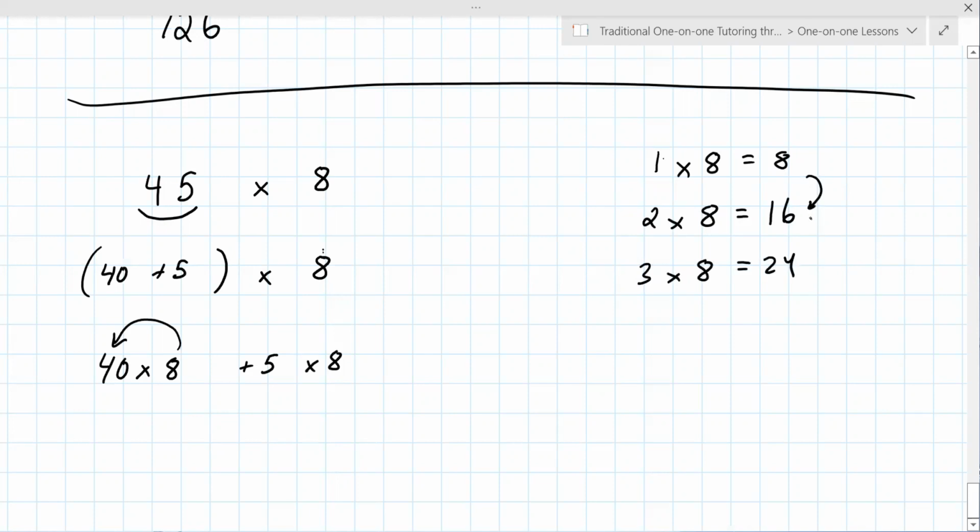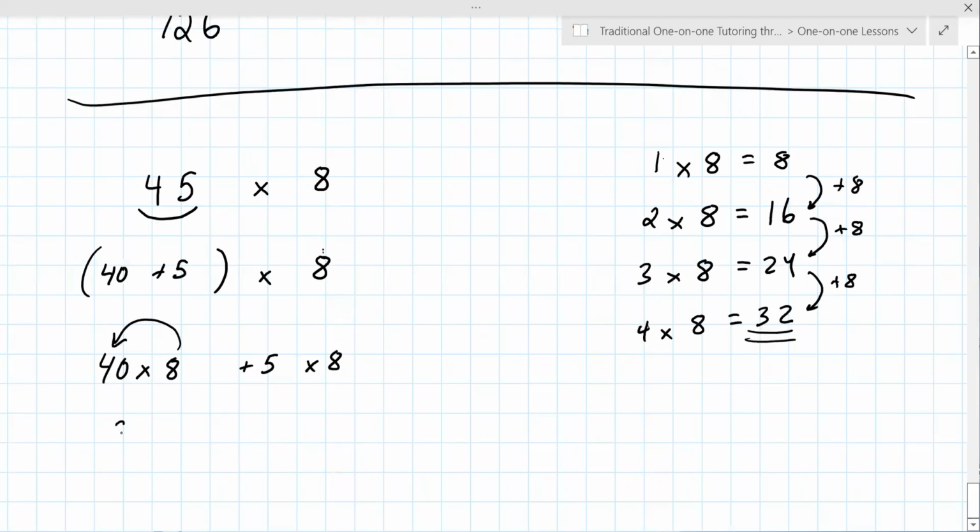What are they going up by each time? By 8. Okay, so can you tell me what 4 times 8 is using the same approach? 28. 32. Good.